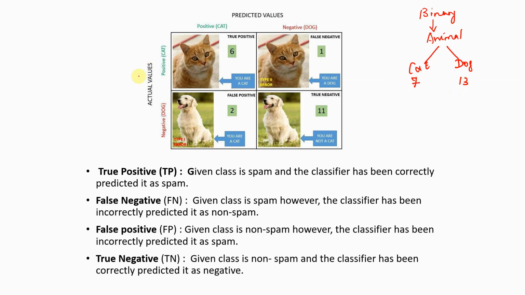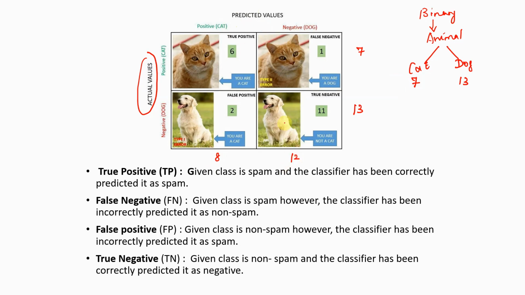These inputs are given to the machine learning model we have generated for the classification purpose. Out of that, the machine predicts 8 cats and 12 dogs in total.